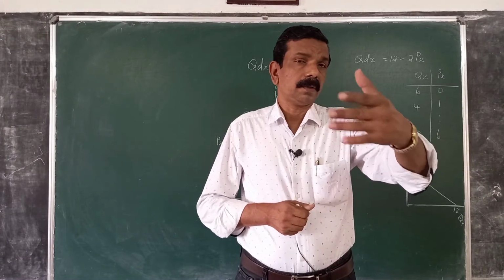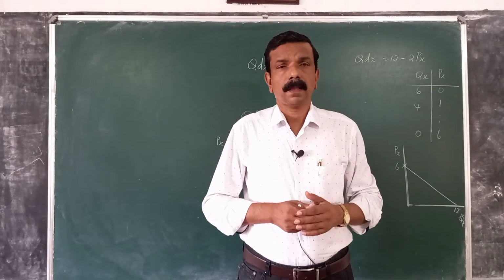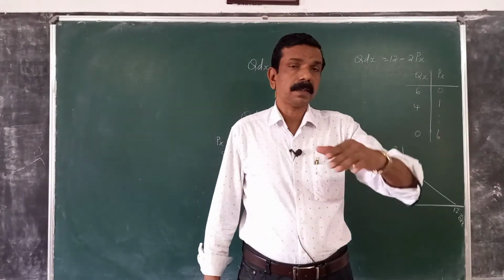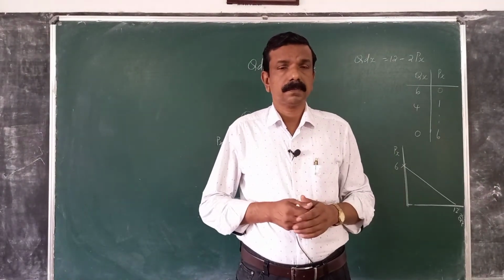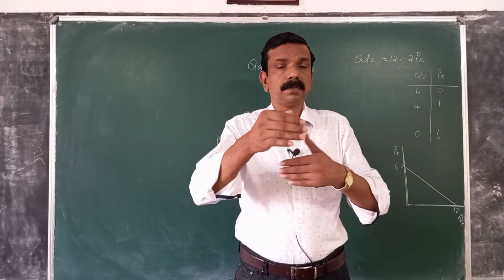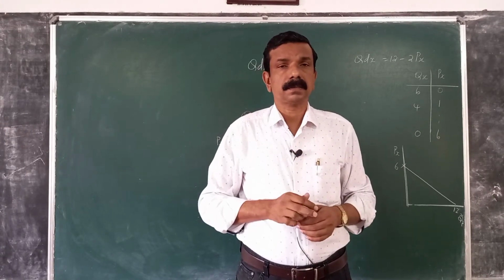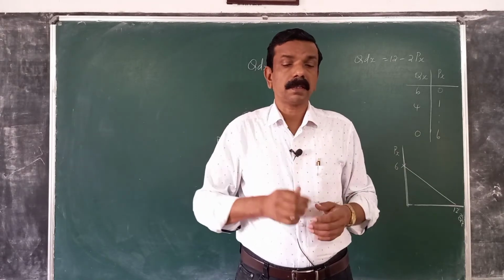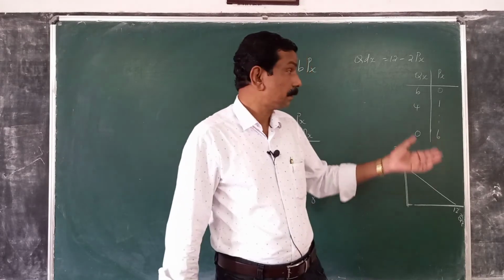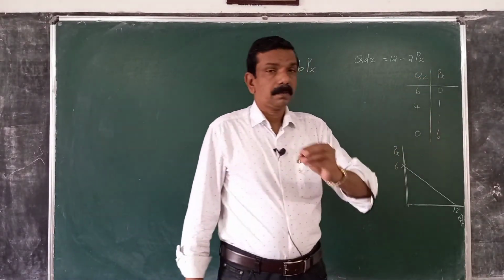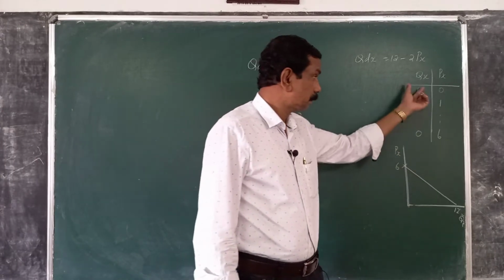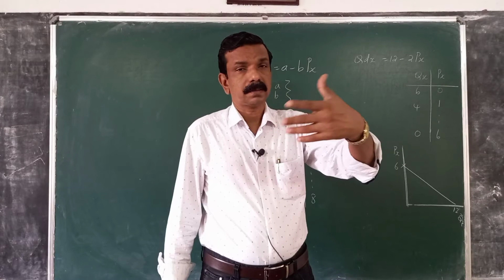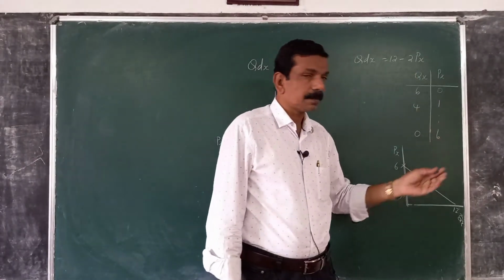Even if a commodity is given to you free of cost, you will not be ready to accept more than 6 units because you have problems of storage and of how to dispose of the commodity. So the maximum you are willing to keep is 6 units, maybe 6,000 or 600. The unit of measurement is not specified here.